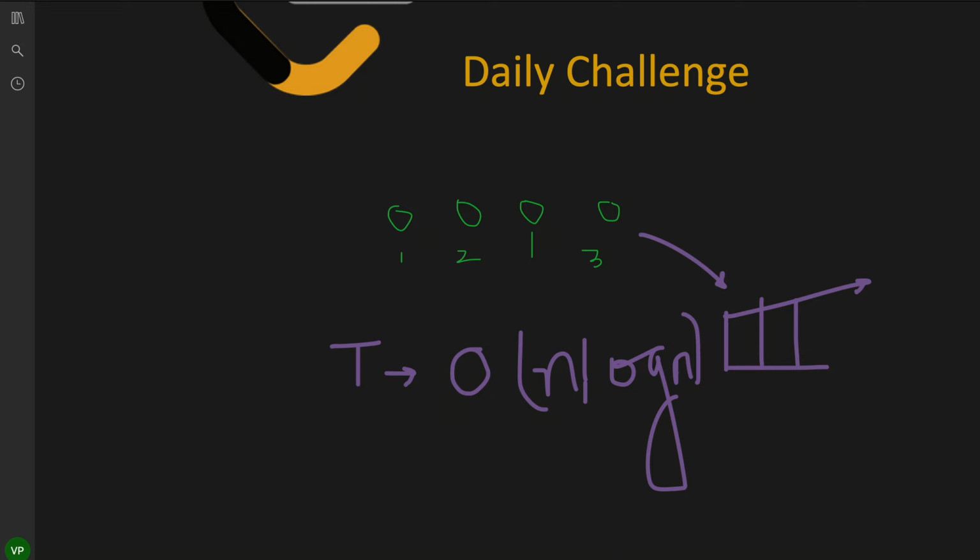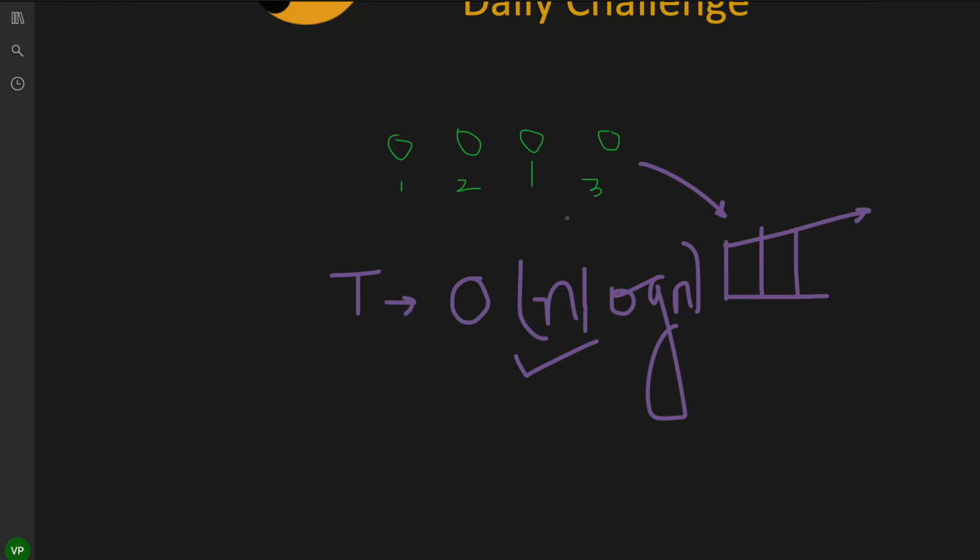So that is n log n plus n, but since sorting is the bottleneck, the time complexity is n log n. We are not using any extra space, just a sum variable to keep track of the cost we have already exhausted in buying the ice creams. So the space complexity is O of 1.